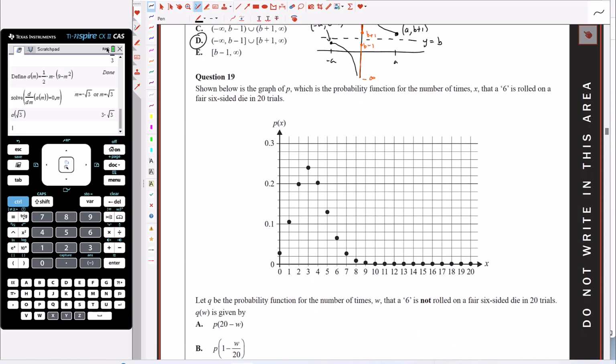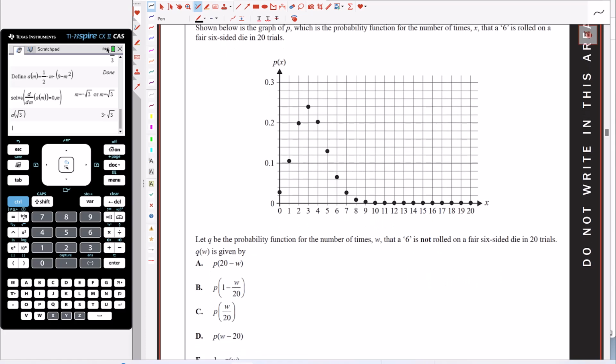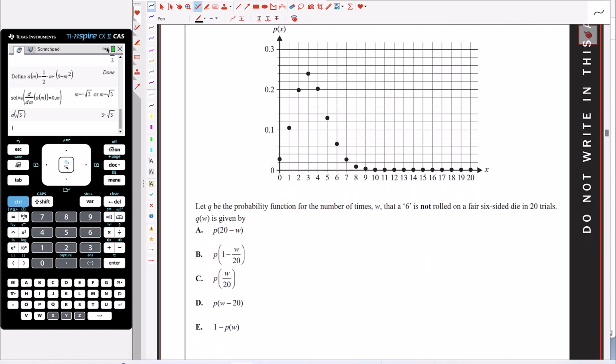Shown below is the graph of P, which is the probability function for the number of times X that a 6 is rolled on a fair six-sided die in 20 trials. Let Q be the probability function for the number of times W that a 6 is not rolled on a fair six-sided die in 20 trials.